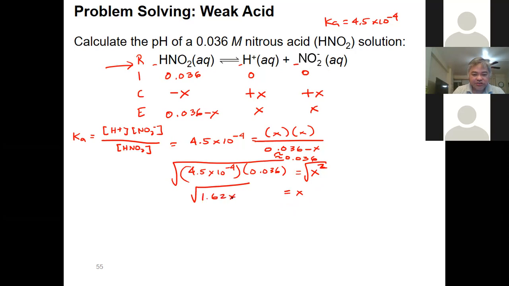Square root of 162 times 10 to the negative 5, which is equals to 4.0 times 10 to the negative 3. Did you follow? Did you copy that?